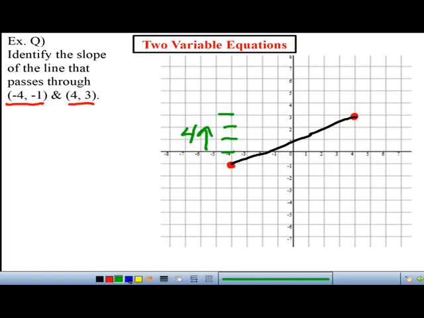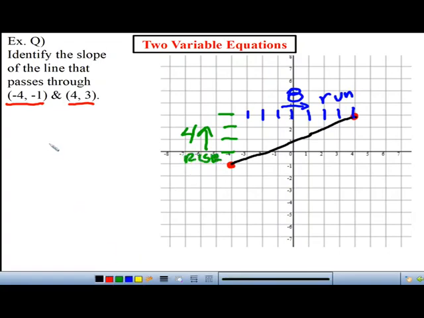From there, I make a right turn here, and then I go to the right. How many steps? 1, 2, 3, 4, 5, 6, 7, 8. 8 steps to the right, or in other words, to the run. And this was the rise.